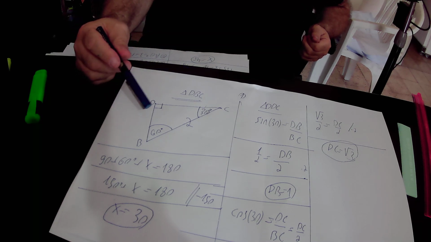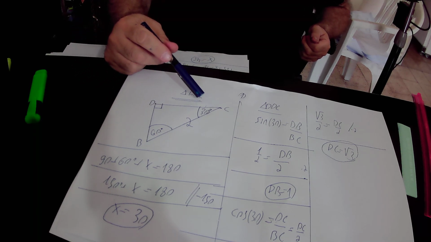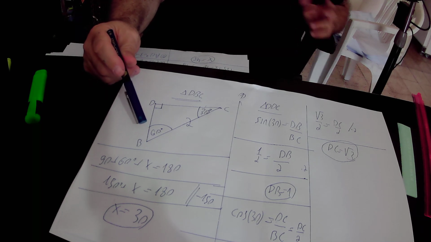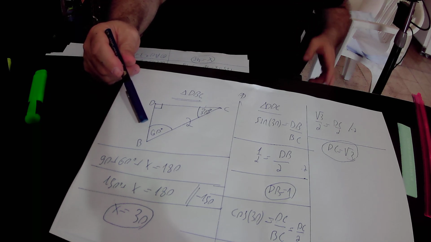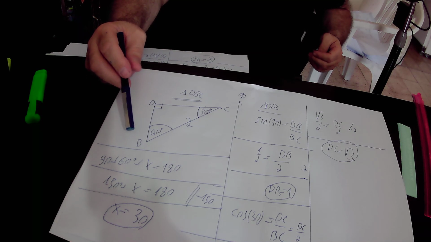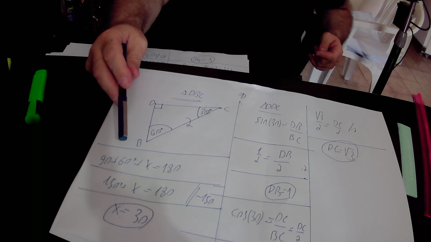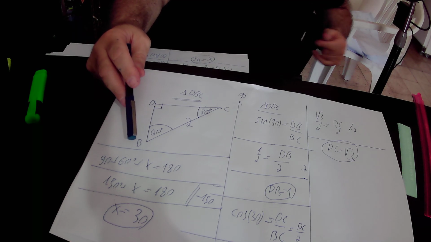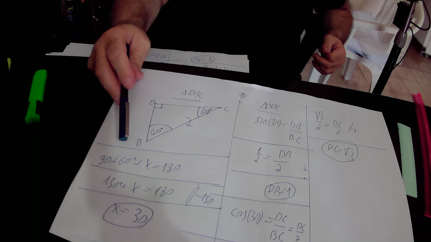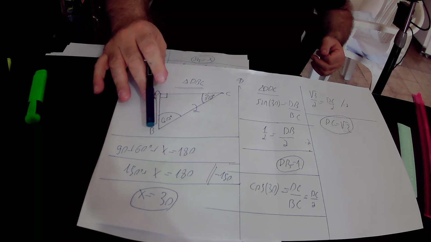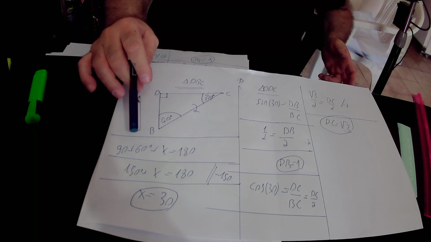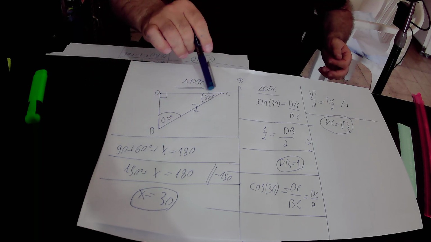So 90 degrees plus 60 degrees plus the size of this angle, x, in total must equal 180 degrees according to the rule that the sum of the angles in any triangle is 180 degrees. 90 degrees plus 60 degrees is 150 degrees, and 150 degrees plus x equals 180 degrees. We subtracted 150 degrees and found that the missing angle x equals 180 degrees minus 150 degrees, which is 30 degrees. So this angle equals 30 degrees.